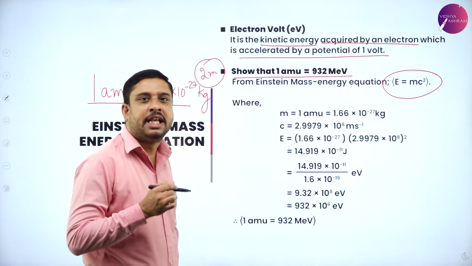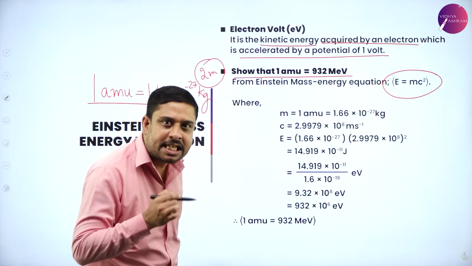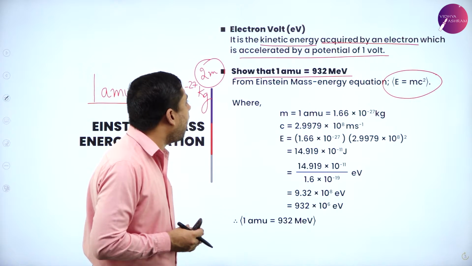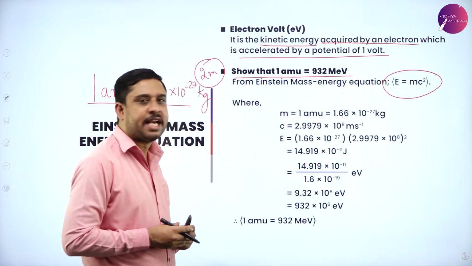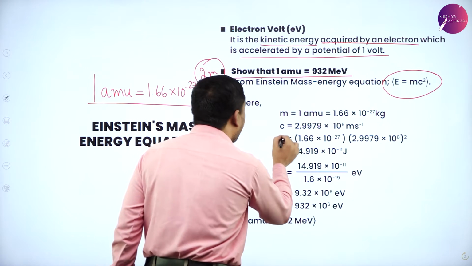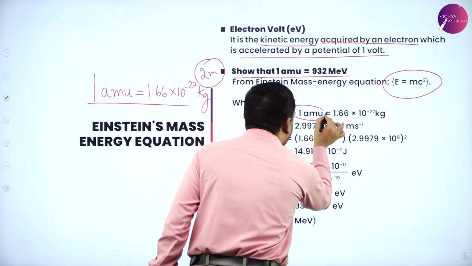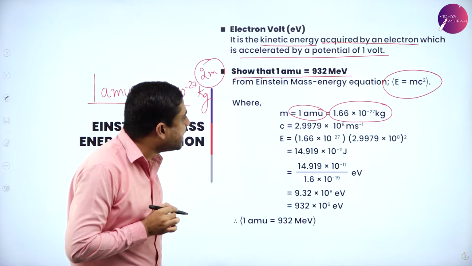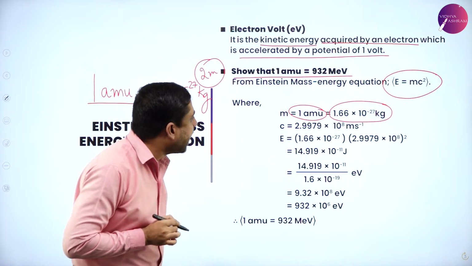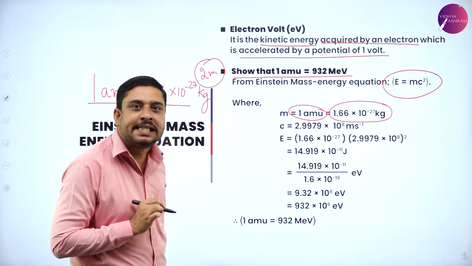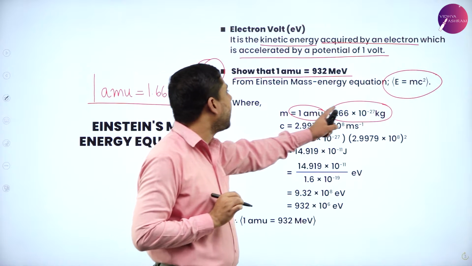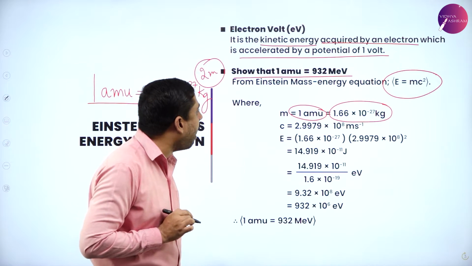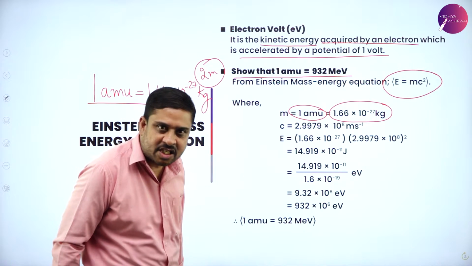From the special theory of relativity, I am considering Einstein's mass energy equation. I told 1 atomic mass unit is 1.66 into 10 power minus 27 kg. 1 AMU is 1.66 into 10 power minus 27 kg.